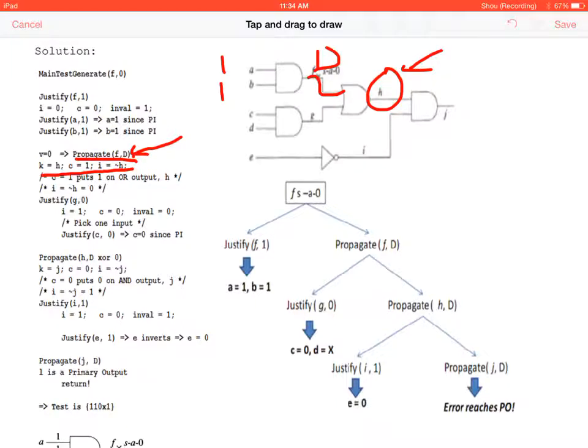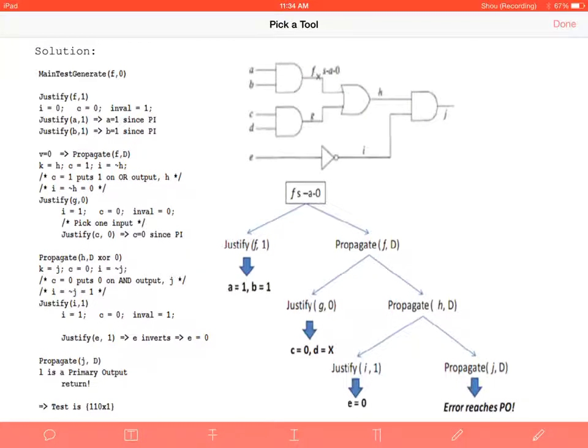C is going to be equal to 1, because the controlling value of an OR gate is 1. If you put a 1 on either input, then you're going to get a 1 on the output. Does that make sense? If it was an AND gate, you would call 0. Because if you put a 0 on either input, you get a 0 on the output. And then I is going to be equal to the inversion of H. So what this means is we have to see how we propagate this.